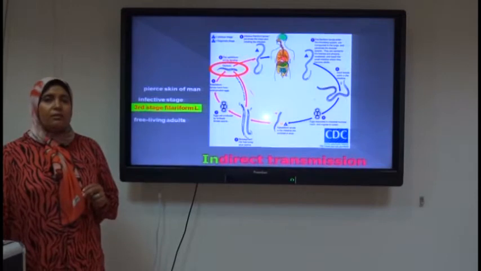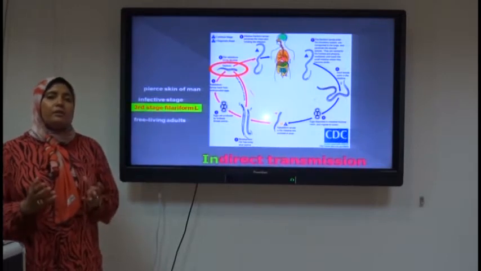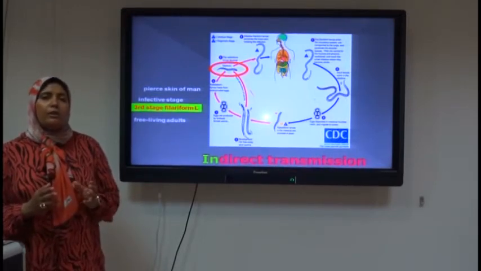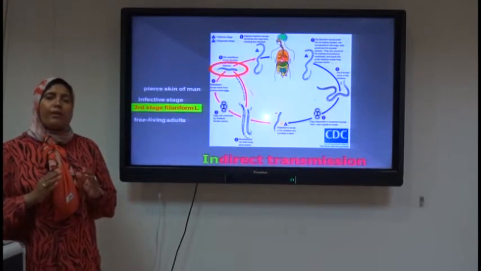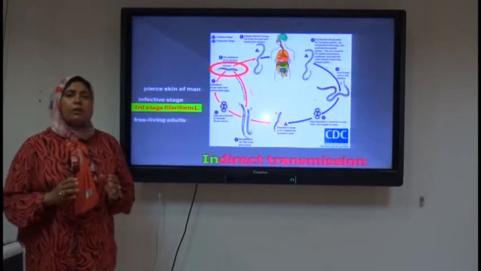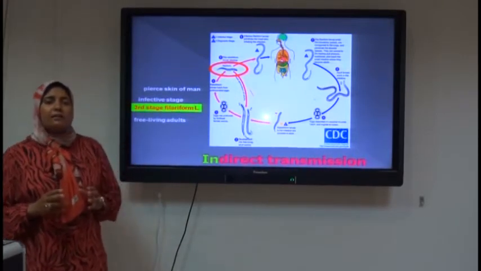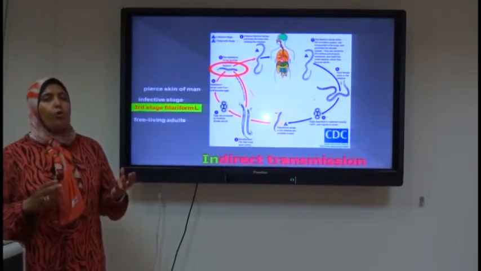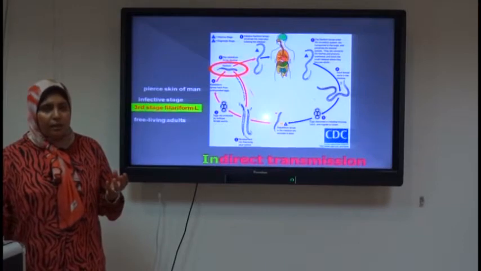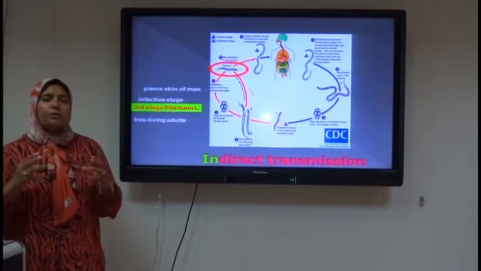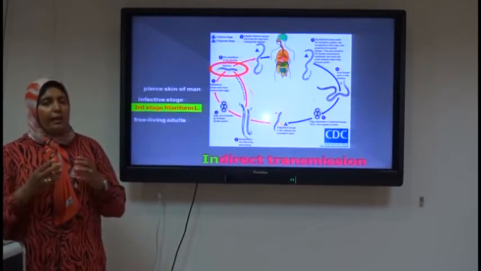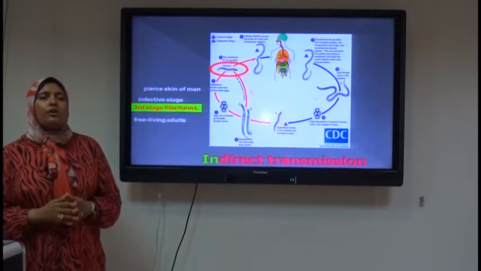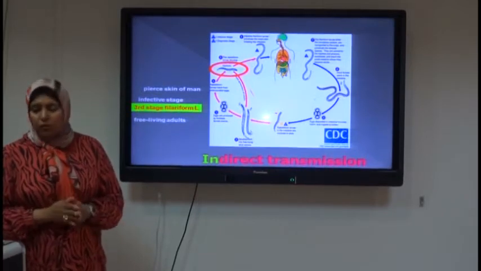And that is what we call the facultative life cycle. Why do we call it a facultative life cycle or a facultative worm? This terminology is because it can lead either a free living cycle or a parasitic cycle, or it can alternate between these two cycles, and all of this is dependent on the environmental conditions.